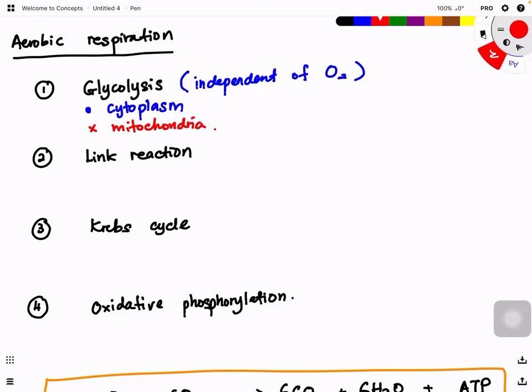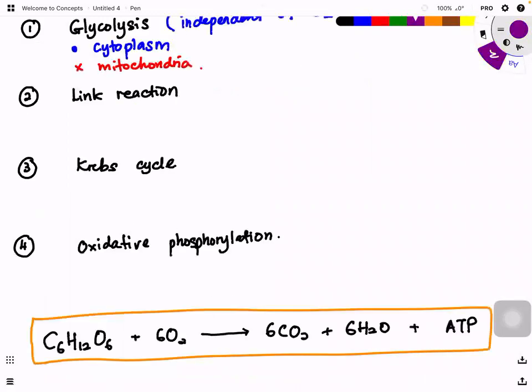But these 3 reactions, link reaction, Krebs cycle, and oxidative phosphorylation, take place inside the mitochondria. In fact, we need to know the precise location of each reaction. The link reaction takes place inside the mitochondrial matrix.